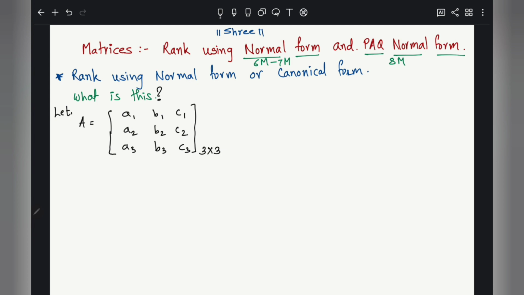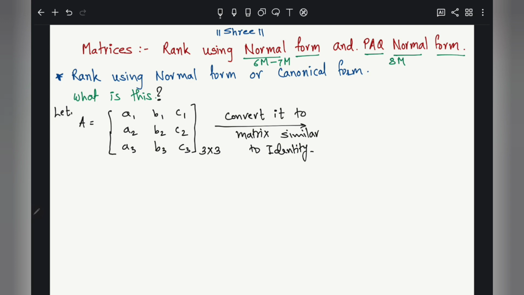Then what we need to do in this normal form or PAQ normal form is convert it to a matrix similar to identity. Now what do I mean by similar to identity, and why am I not saying identity?